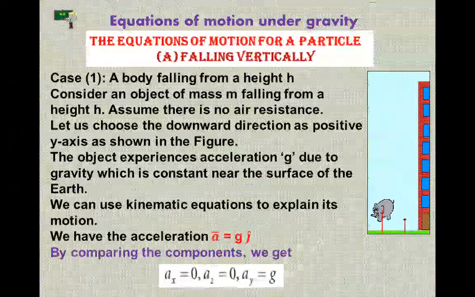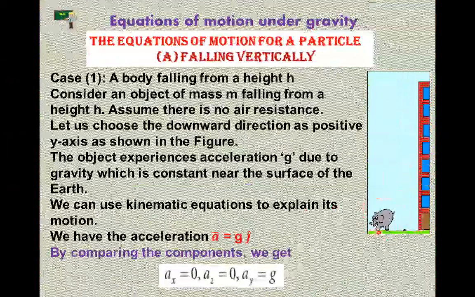Case 1: a body falling from a height h. Consider an object of mass m falling from a height h. Assume that there is no air resistance. Let us choose the downward direction as positive y axis. The object experiences acceleration g due to gravity, which is constant near the surface of the earth.